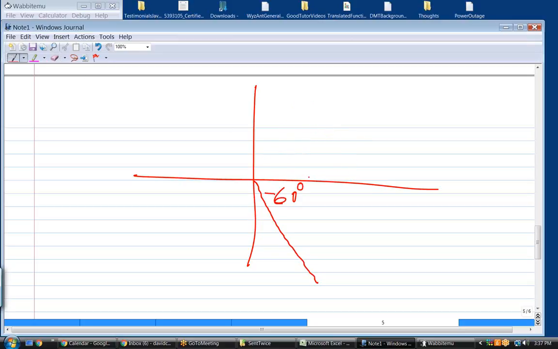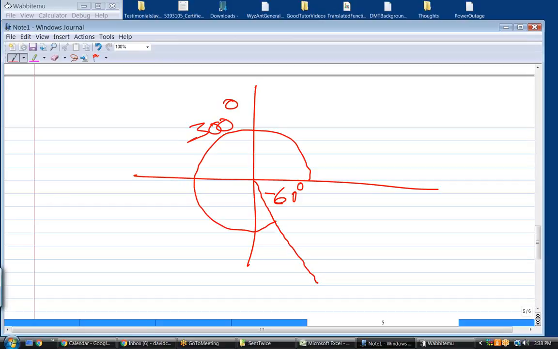Now, if I want to turn that into a positive angle, well, that negative 60 degrees is coterminal with that positive 300 degree angle. They're basically saying the same thing. The ray is pointing exactly the same, regardless of whether you call it minus 60 or 300. And all of the trig functions are going to be the same. In other words, the sine of 300 is going to be the same as the sine of minus 60. Same with tangent, cosine, secant, all of them.